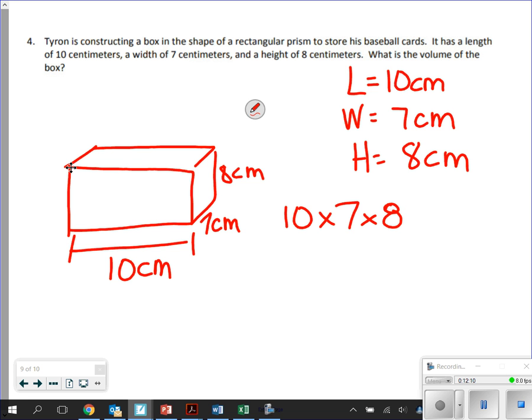Okay. Centimeter times centimeter times centimeter. Cubic centimeters. I would have done 7 times 8, 56. 56 times 10.